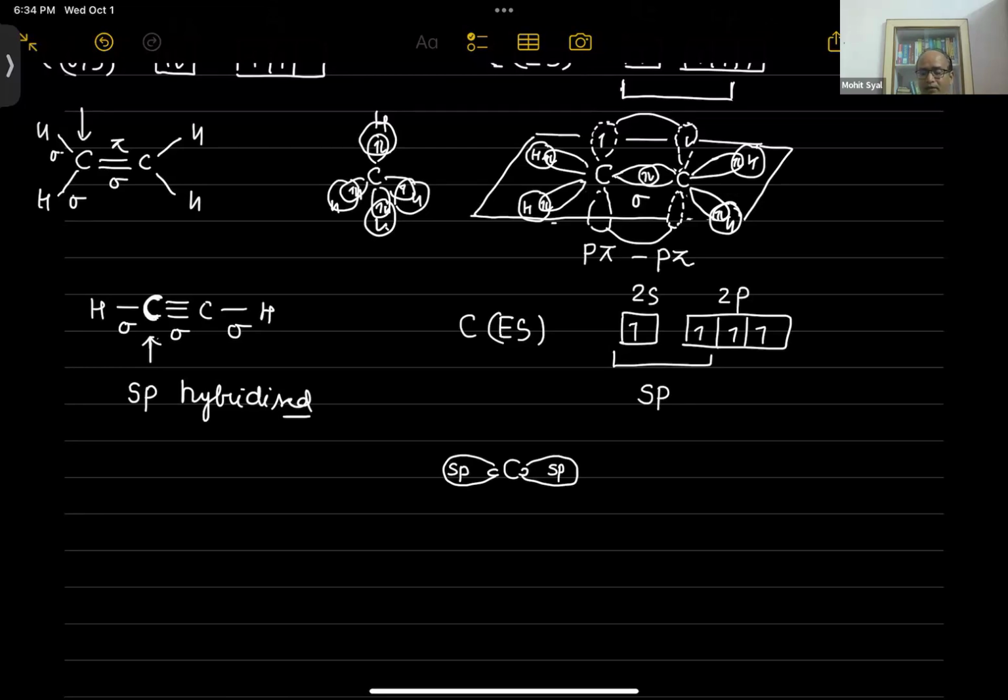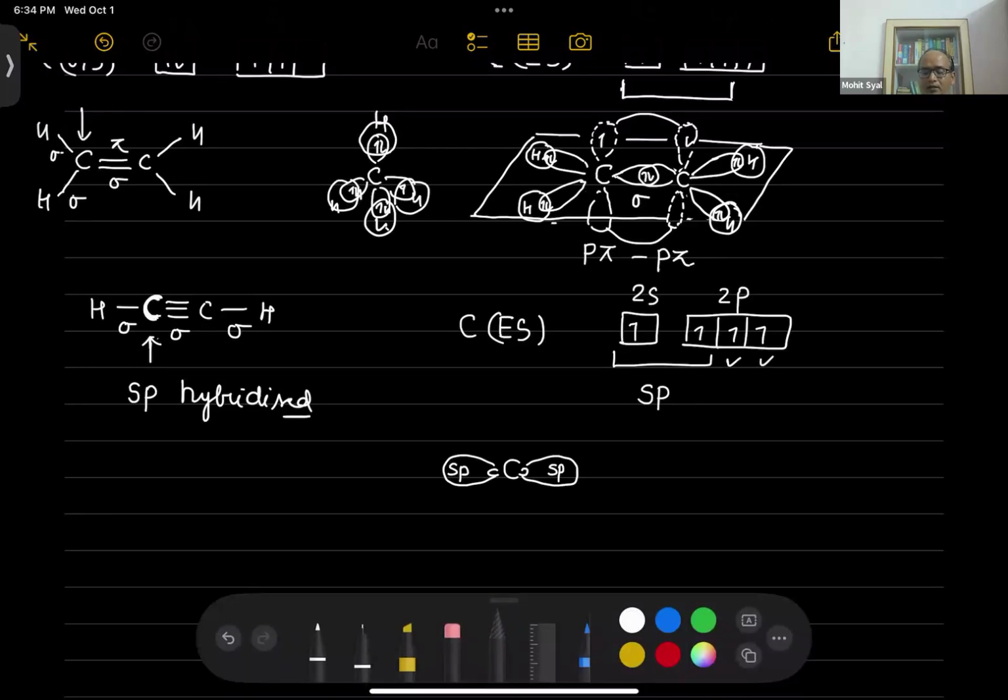Here, you have 2 unhybridized p orbitals. Let me first draw the unhybridized p orbitals. One is like this.